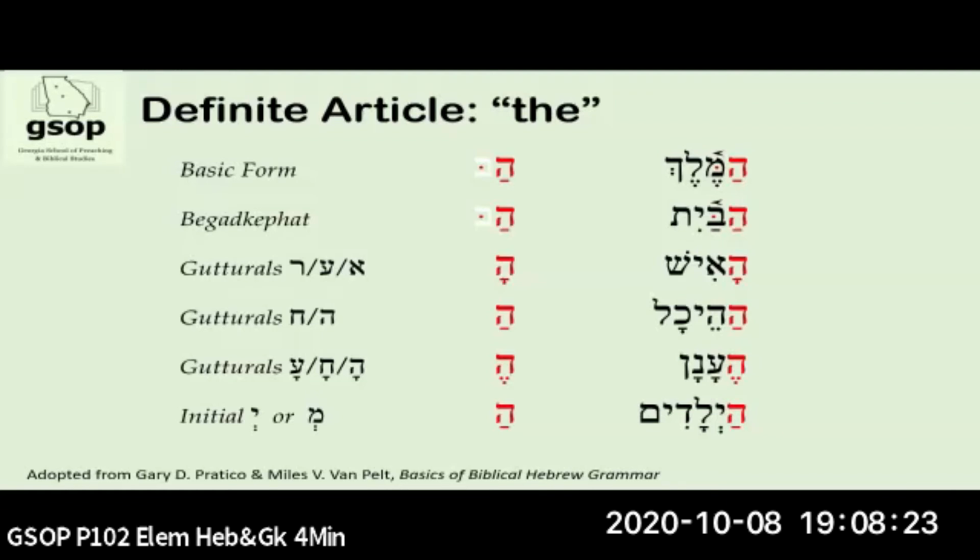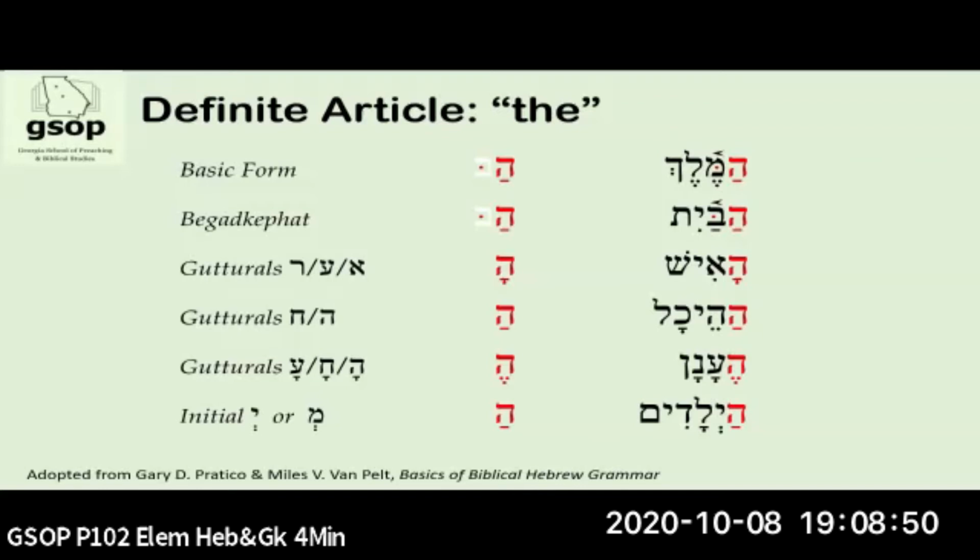And then if you have a yod with shva, or a mem with shva, then again, the shva won't take a guttural or a dot. So if there's two dots under the first letter, it won't take a dot, a dagesh lene or forte. And so you'll have the hay with the patach. It doesn't link. I don't know why.